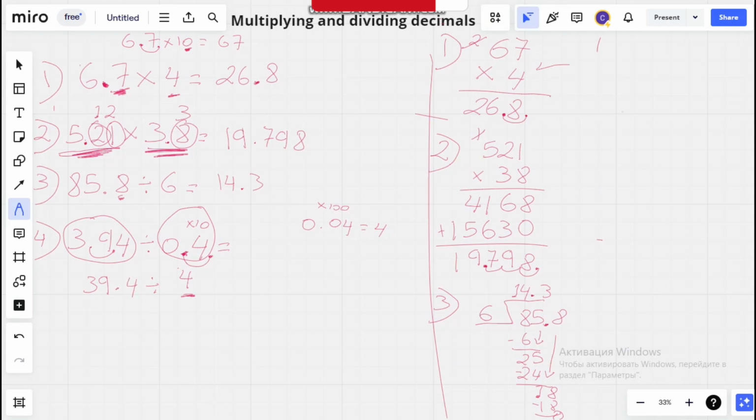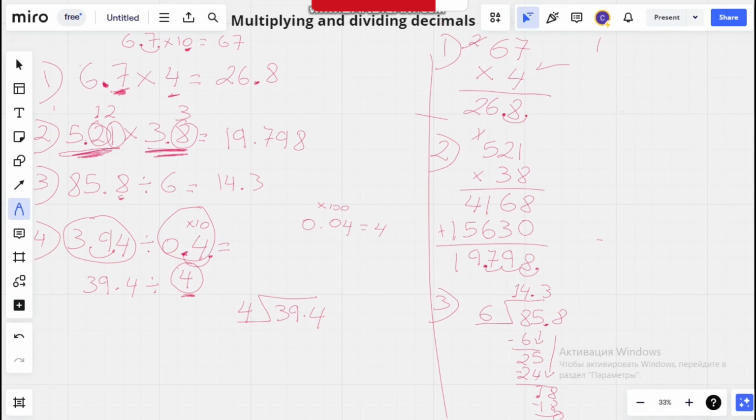Again, we're doing this so we can have a whole number. We want to divide by a whole number. We don't want to divide by a decimal. It's too complicated. So now that we have our whole number, 39.4 divided by 4. Okay? And then we carry on with the division.